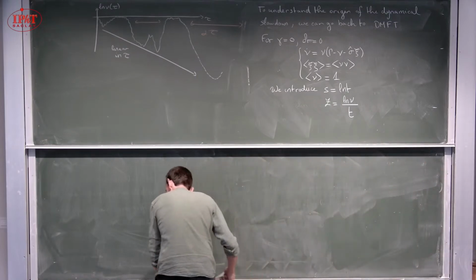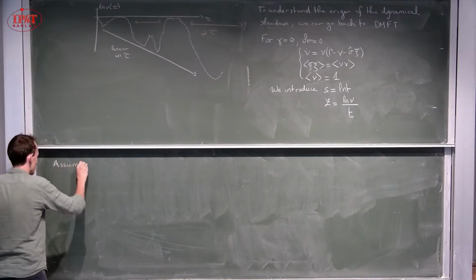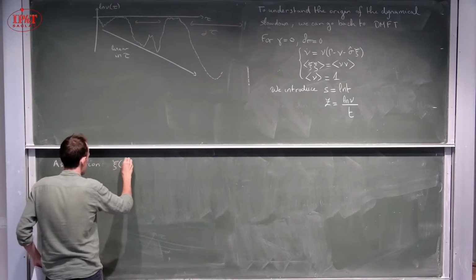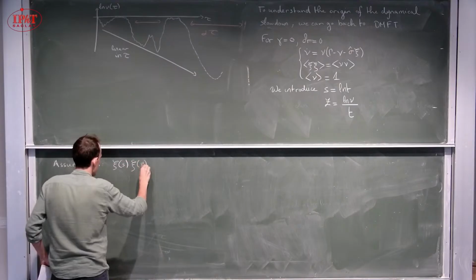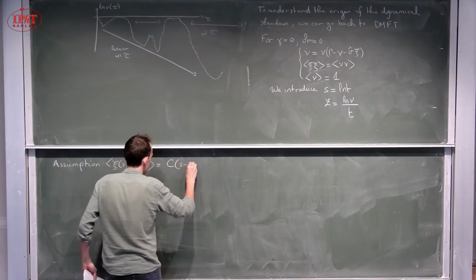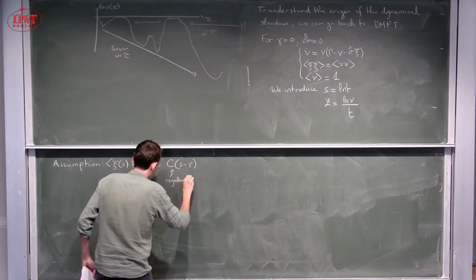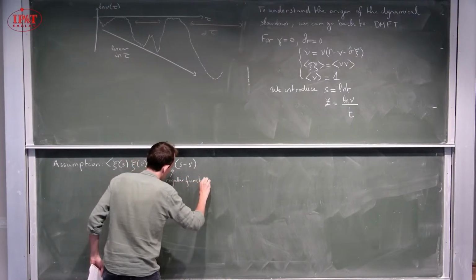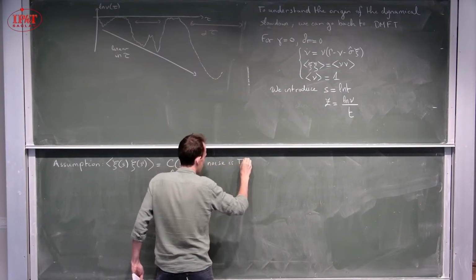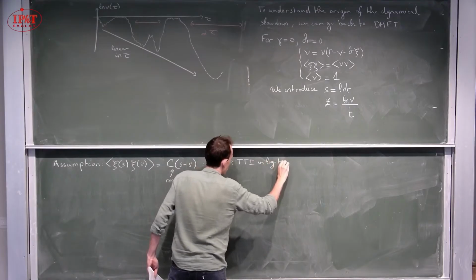So this is my assumption: psi of s, s prime is equal to C of s minus s prime, where C is some regular function. I'm assuming that the noise is time translation invariant in log time.